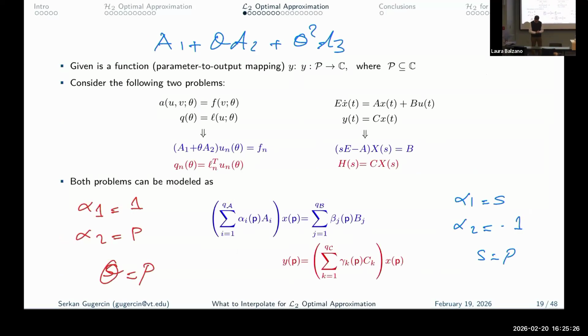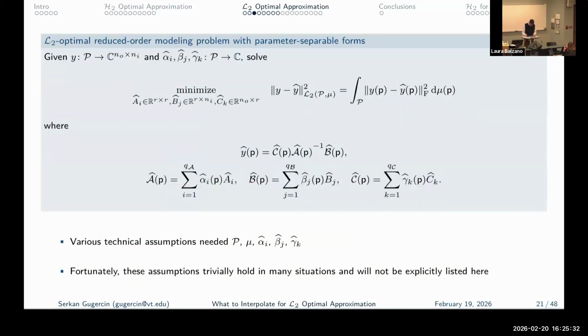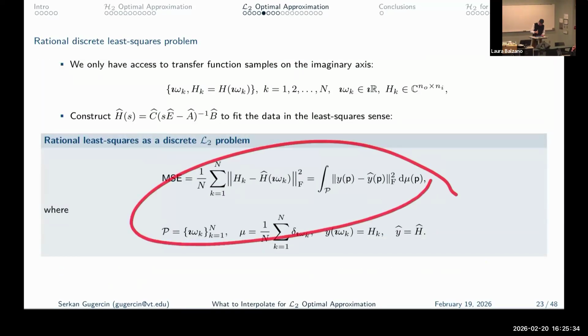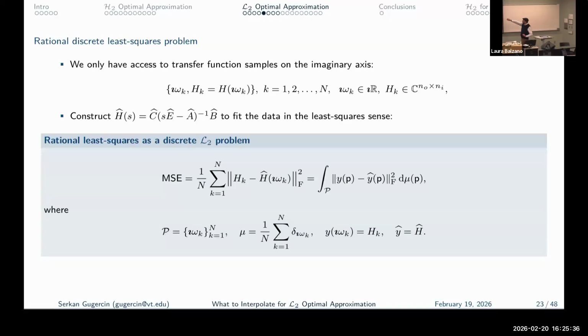If you don't have any idea, let's look at this problem. You collect this data, okay? There is a matrix called the Loewner matrix, which is nothing but a divided difference.